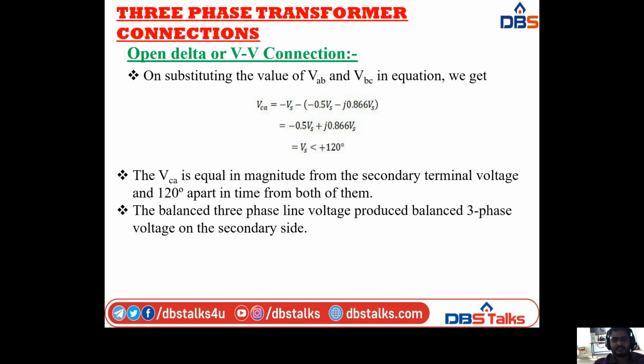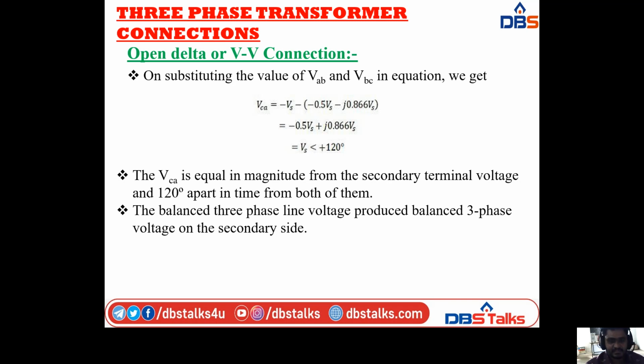So on substituting the values of VAB and VBC in the equation, we get VCA is equal to minus VS minus of minus 0.5 VS minus j 0.866 VS, that is equal to minus VS plus 0.5 VS, which is minus 0.5 VS, plus j 0.866 VS, that is equal to VS at an angle of plus 120 degrees.